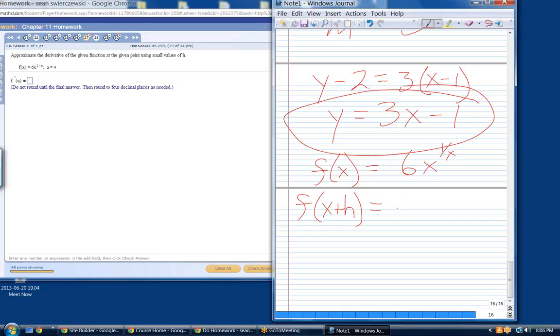We're going to need it. We're going to plug in x plus h wherever we see x. Okay, so it'd be 6 times x plus h to the power of 1 over x plus h.